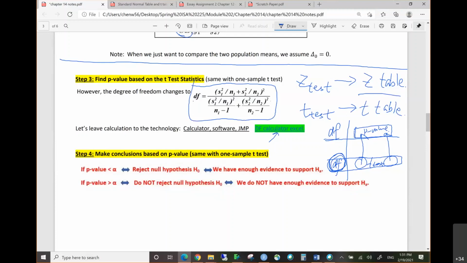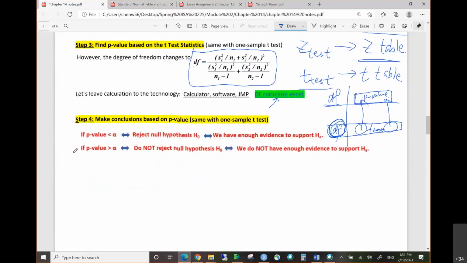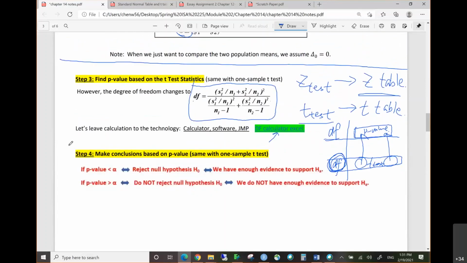All right, so from step 3, you either find the p-value from the z-table, which is the exact p-value, or if you have the t-test statistic, you find the range of the p-value, right? And then based on your p-value, the last step will be exactly the same, with the same rejection rule. We say if the p-value is less than the significance level alpha, then you reject the null hypothesis.